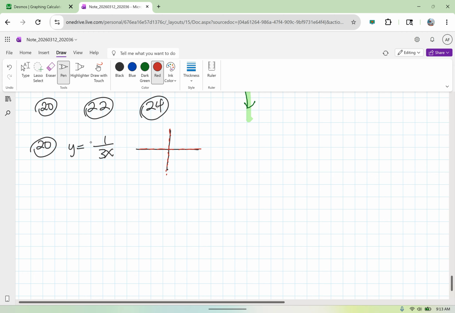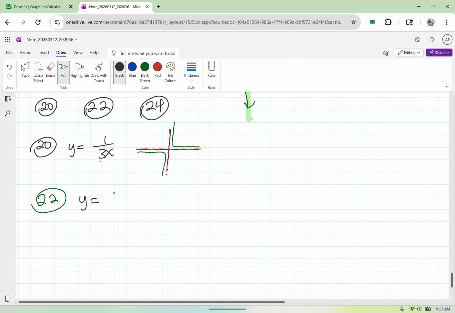And this is positive, not negative, so it's not flipped. The 3 is going to make this tight. So my graph is tight. This is what my graph's going to look like. You can go into Desmos to help you, but I really do want you to do these last 3 where we're thinking a bit about what our transformations do.